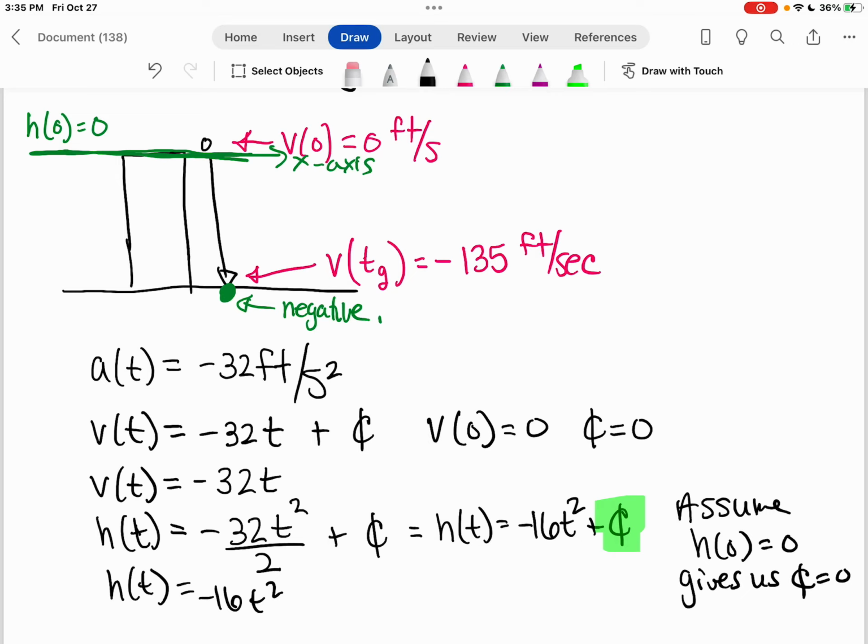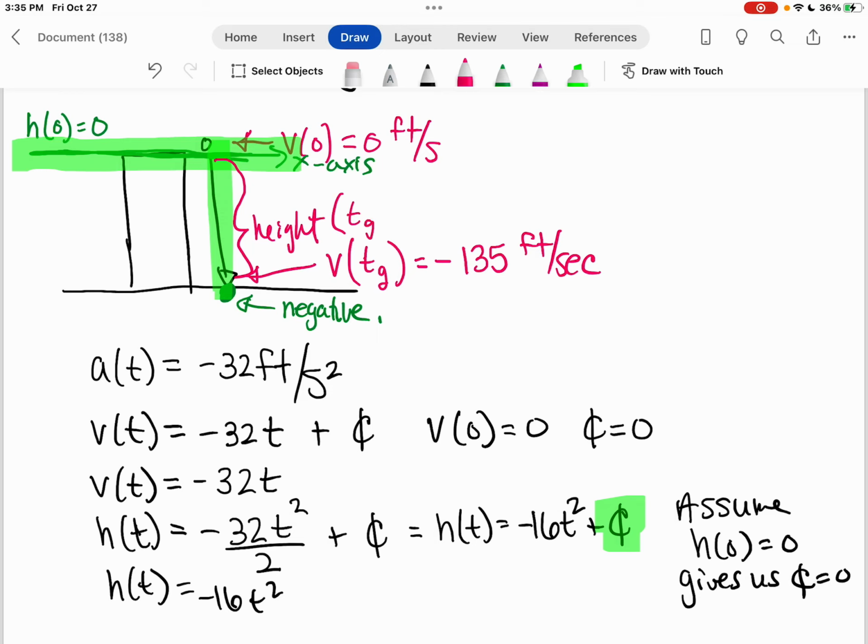Negative 16t squared. Okay, so now in order to find the height, if this is at 0 right here, then I need to find this distance, what the height is, when the rock hits the ground. That will give me this height.